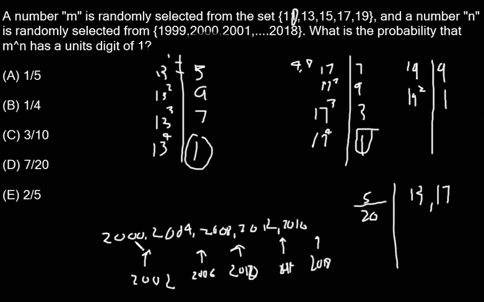So how many numbers is that? That's 1, 2, 3, 4, 5, 6, 7, 8, 9, 10. So that means we have a 1/2 chance of getting an even number, or getting a unit digit of 1 when we have the number 19.